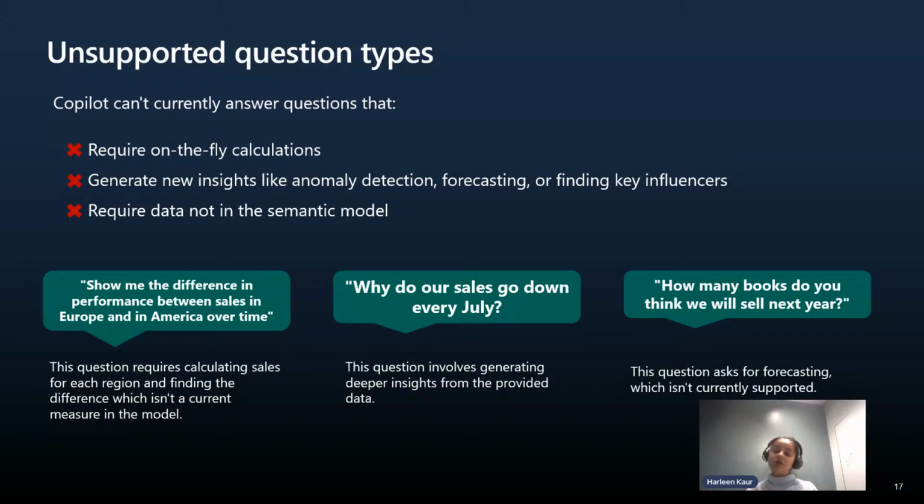And it will also not answer questions that require data which is not there in your semantic model right now. So for example, if you are asking for some comparison and that needs calculations and there isn't any measure, it will not give you the answer.